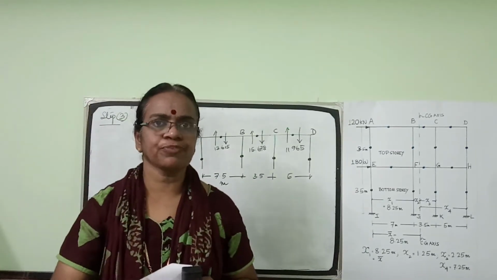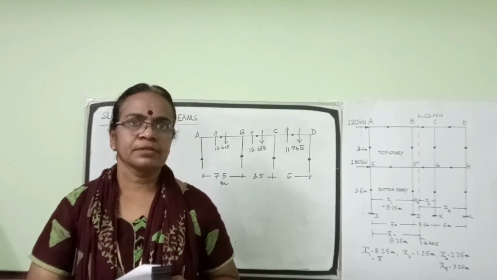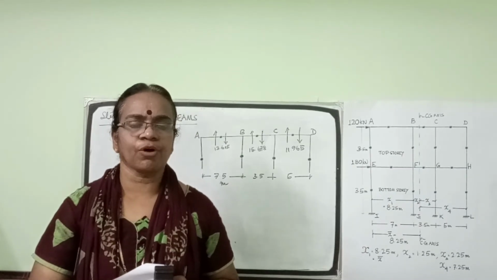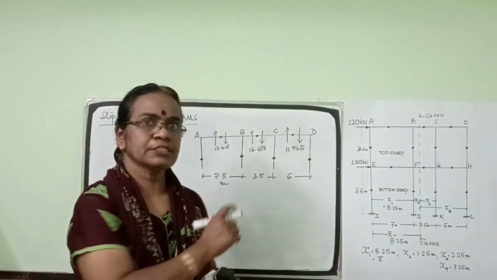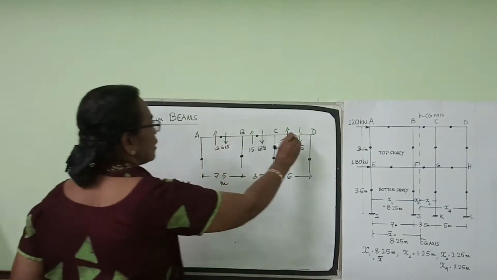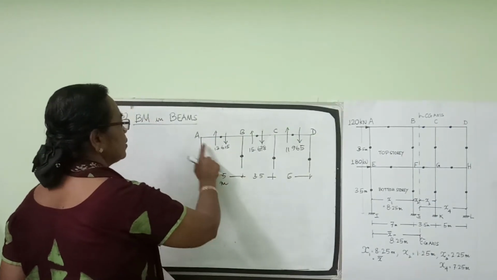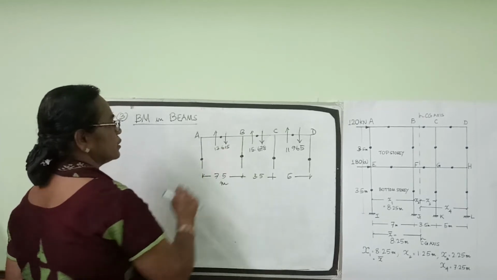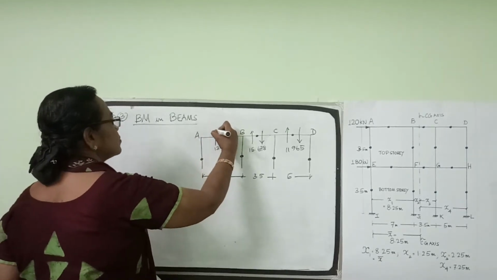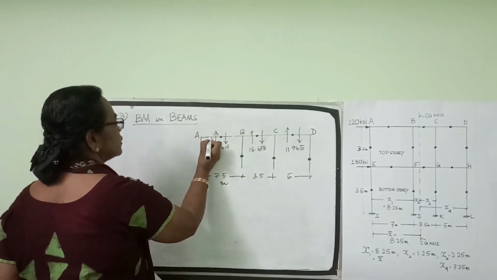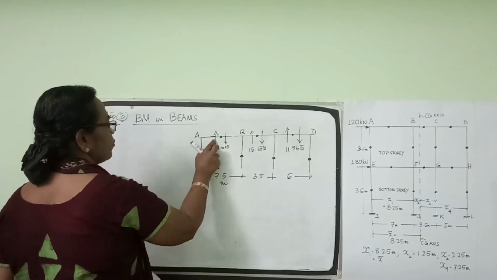Now we have to find out the bending moment at the ends of the beams. Consider the top story beams ABCD. We have got the shear force values from the previous step, marked here. For the beam AB, the shear force is 13.615. This distance is 7.5 by 2.